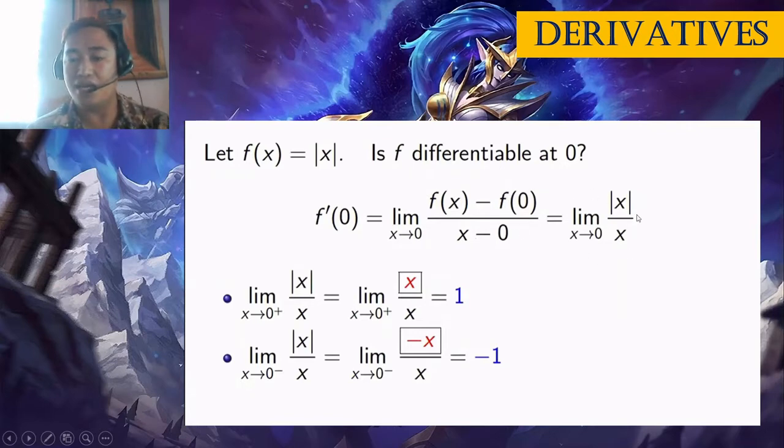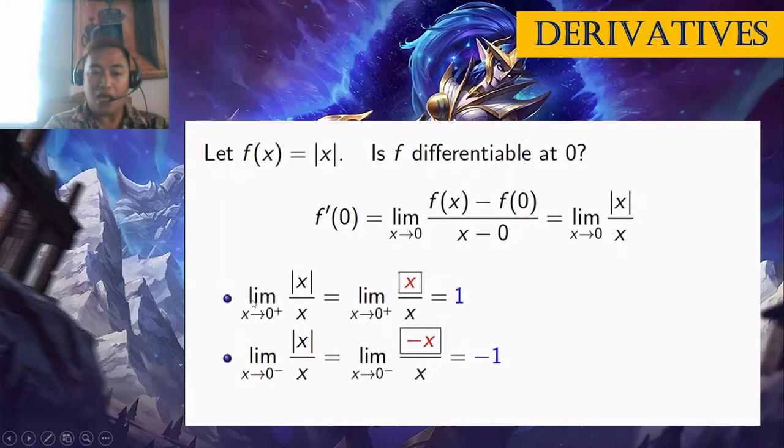Okay. Kani, class, kay naay absolute value, so magamit ta og right hand limit ug left hand limit. So the limit of absolute value of x over x as x approaches 0 plus, and kaning isa as x approaches 0 minus, kani ang left hand limit.